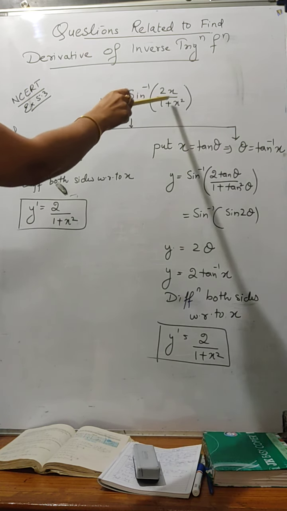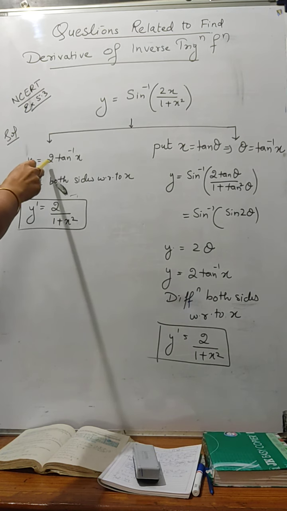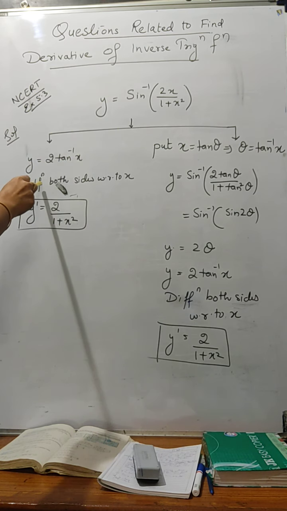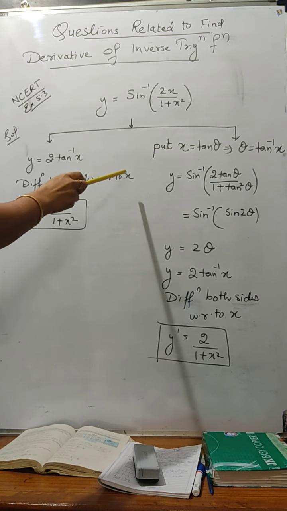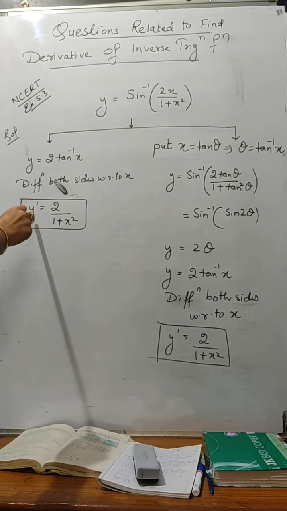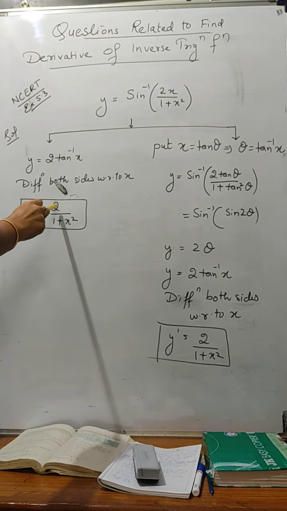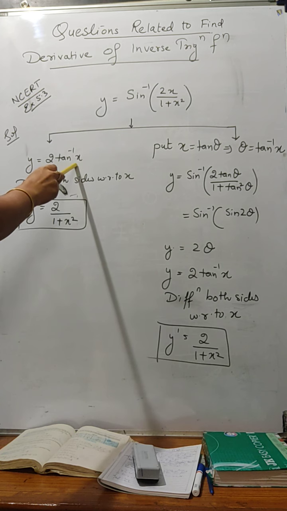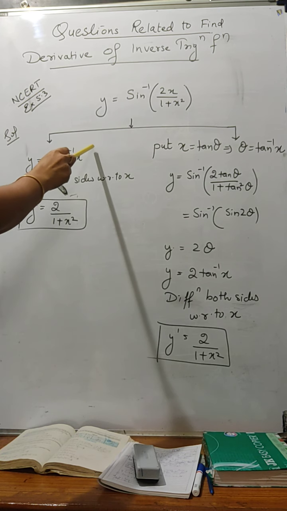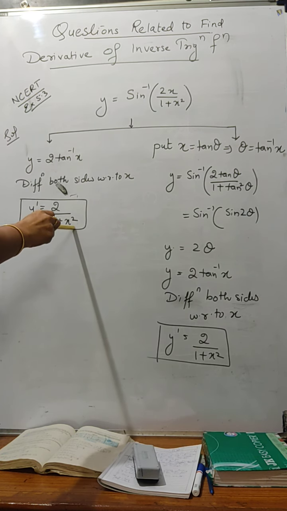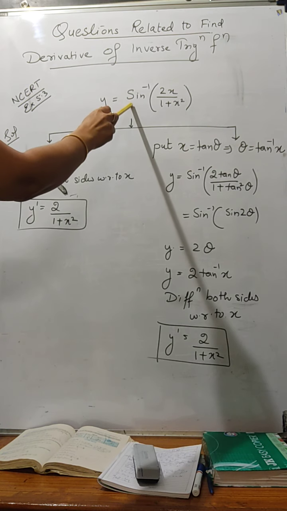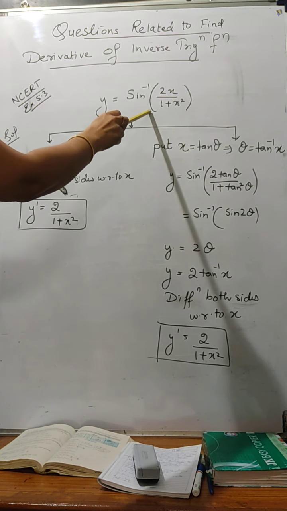So sine inverse of 2x upon 1 plus x square is equal to 2 tan inverse x, differentiating both sides with respect to x. So we will be getting y dash equal to 2 times, and from the chart you know that the derivative of tan inverse x is 1 upon 1 plus x square. Now children, don't try to differentiate the function here.